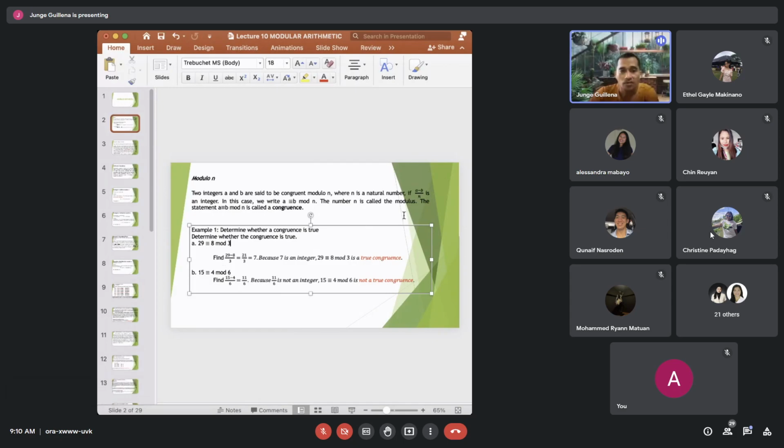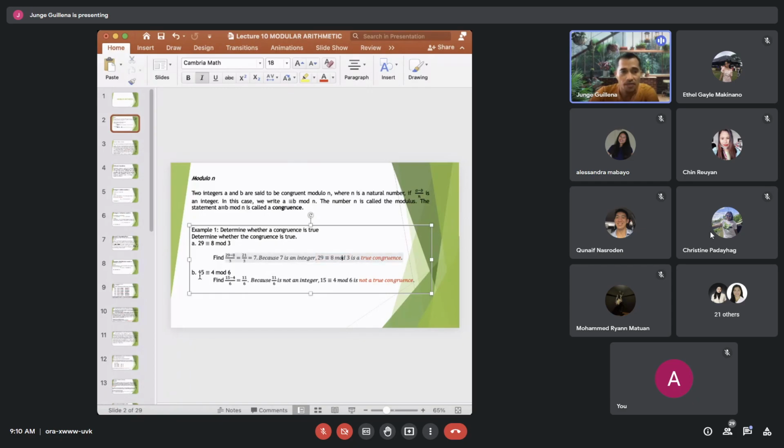Using the idea presented in the definition, that is simply 29 minus 8 over 3, a minus b over n. So you'll have 21 over 3, and 21 divided by 3 is 7. And again, 7 is an integer. So that's why this statement is a congruence statement: 29 is congruent to 8 modulo 3.